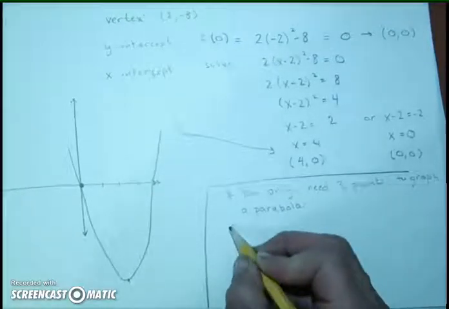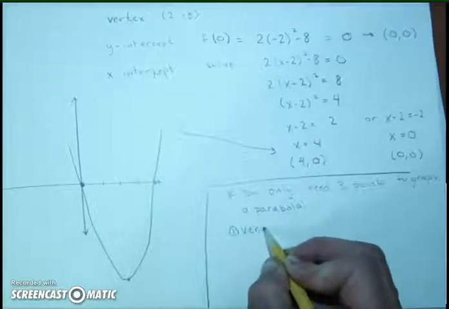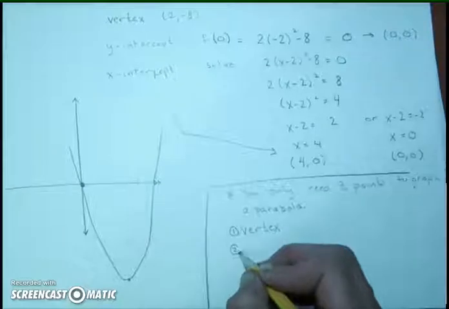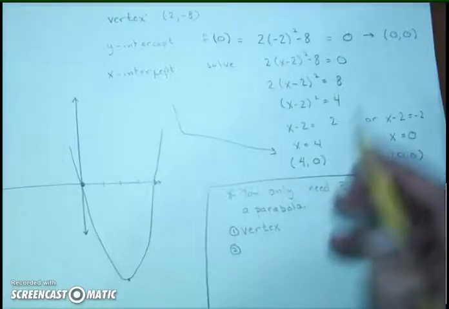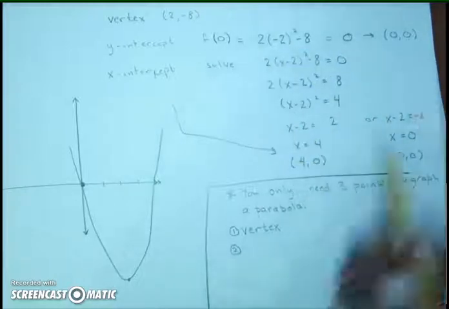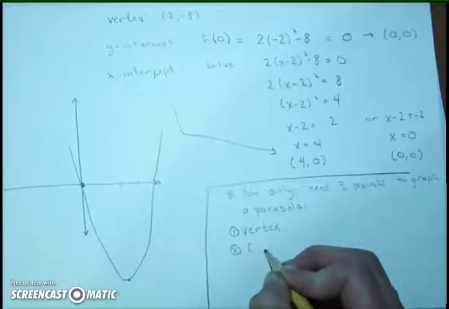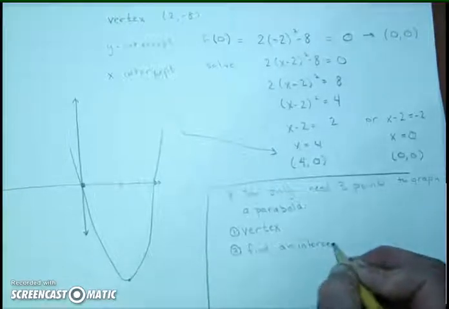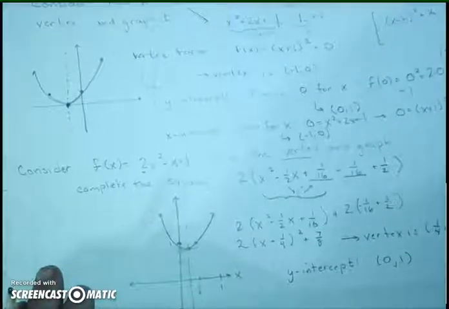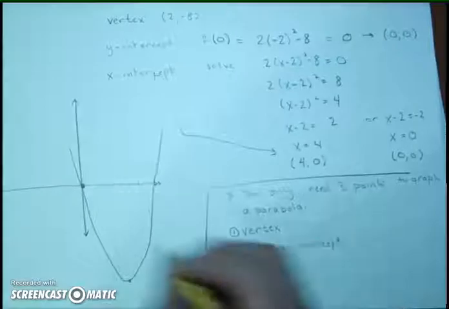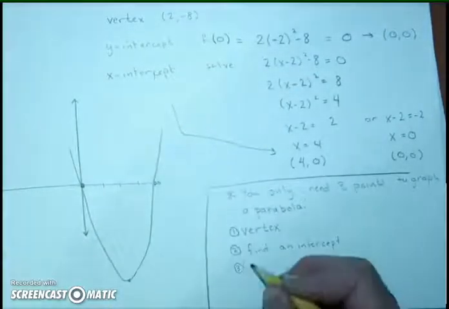So some good ones to use are the vertex. Then you could find another by getting an intercept. So a y-intercept is easy, you just plug in 0. X-intercepts are also pretty easy. So then find an intercept. And then, like in these first two cases, we'll use symmetry to get another point, unless the intercepts are enough.